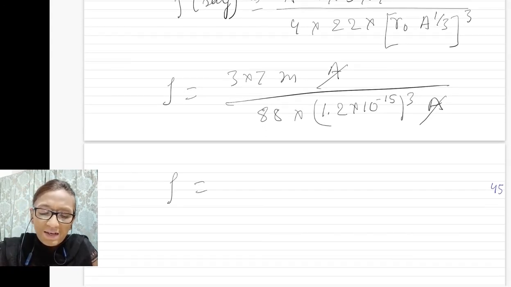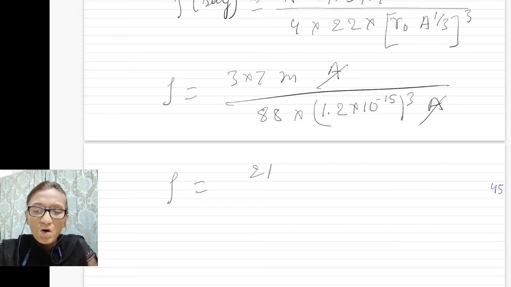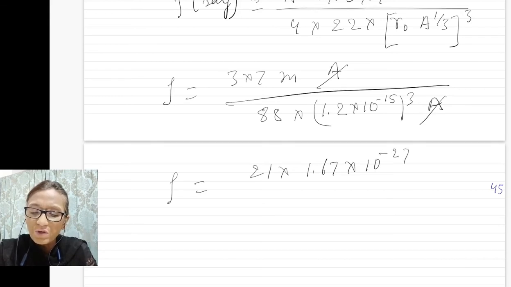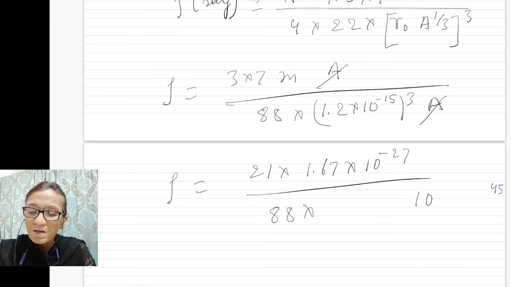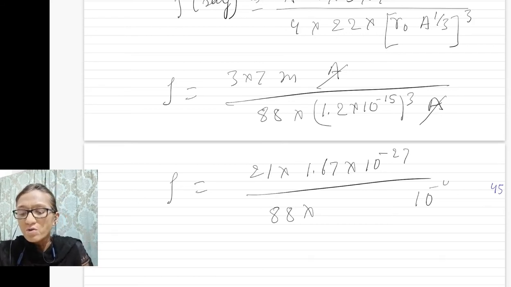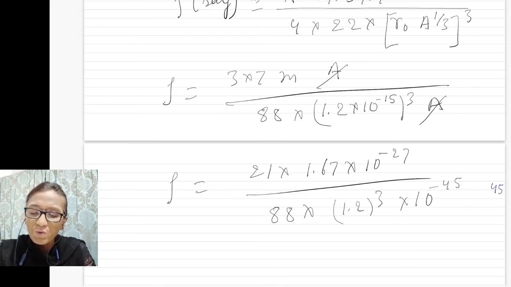So density is equal to 21 times the mass of a proton or a neutron, where I have taken an average mass 1.67 into 10 to the power minus 27, divided by 88 into 10 to the power minus 15 whole cube, which is equal to minus 45, and 1.2 whole power 3.